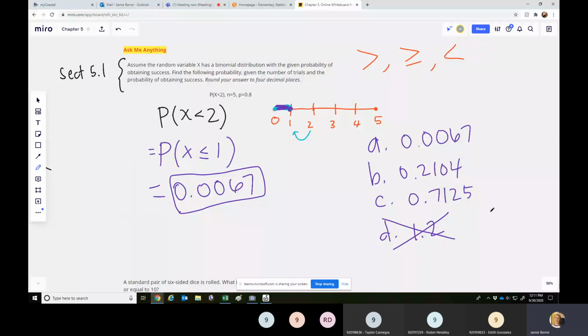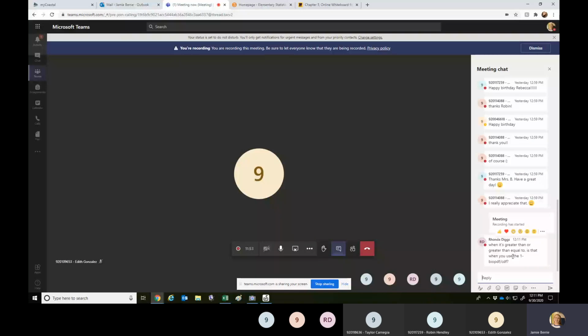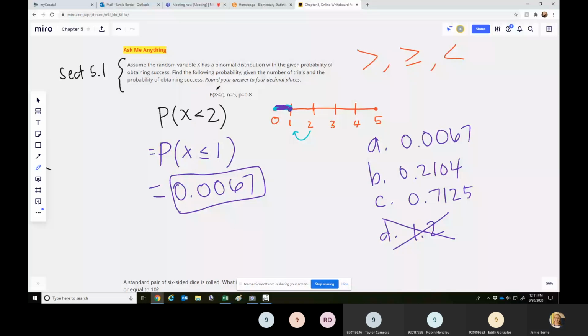Let's see, Rhonda. When it's greater than or greater than or equal to, is that when you use the 1 minus? Yes, that is exactly right, Rhonda. If you have a greater than problem, if your probability looks like the probability that X is greater than 5 or something like that, then that's when you do the 1 minus binom PDF or binom CDF.